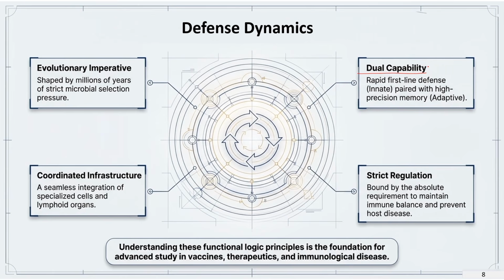As we also discussed, there is a dual capability: there is a first line which is innate, and then there is an adaptive. So these are all dynamic aspects which we need to understand. There is a strict regulation bound by an absolute requirement to maintain the immune balance and to prevent host disease, and any deviation in this balance can be deleterious.